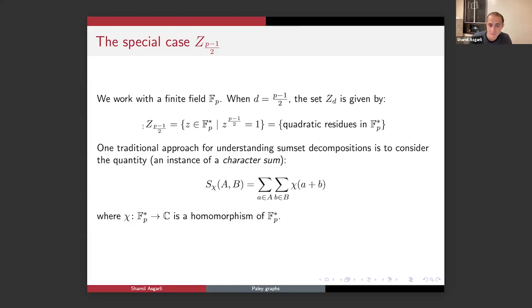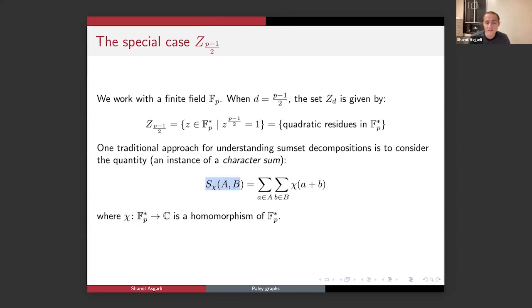One classical approach for understanding these sumset decompositions is to consider so-called character sums. Character sums are defined as follows. We have chi, a multiplicative homomorphism from F_p star to C, which is going to be fixed.